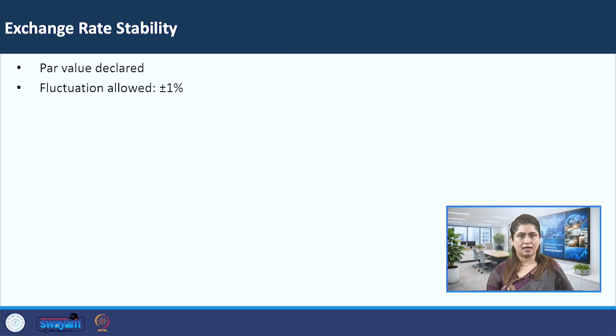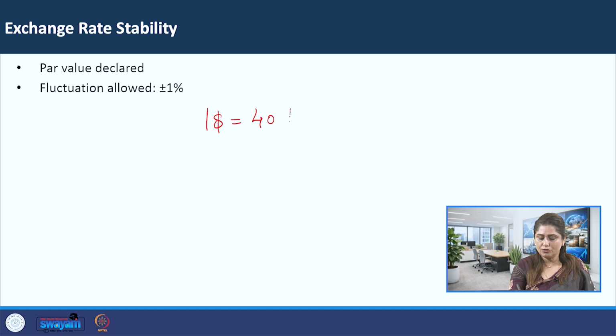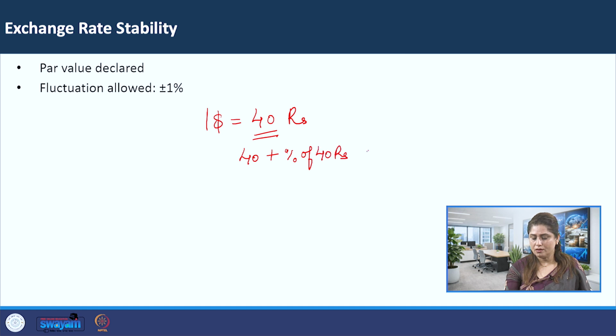So, here in this case, let us say $1 is equal to 40 rupees. Now, this 40 rupees was allowed to fluctuate to 40 plus 1% of 40 rupees and 40 minus 1% of 40 rupees.